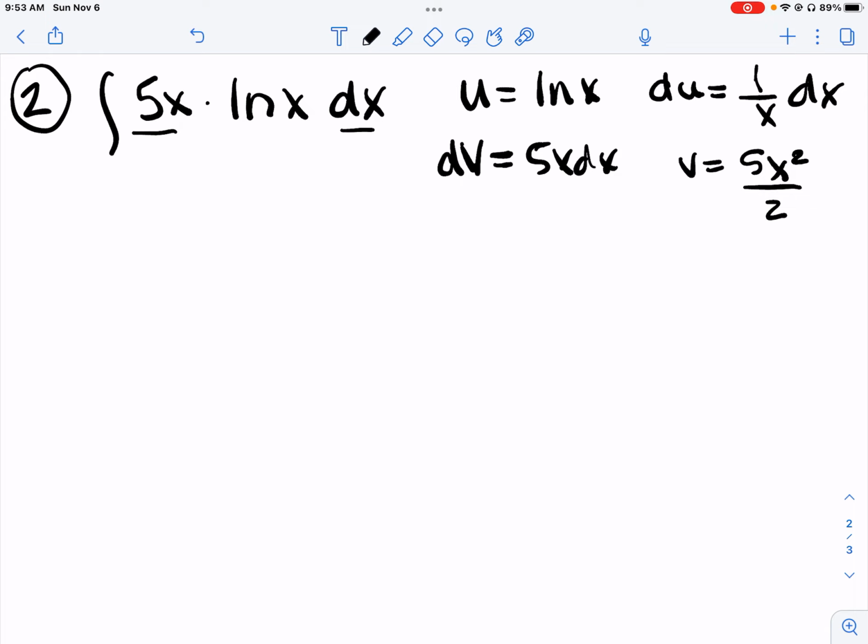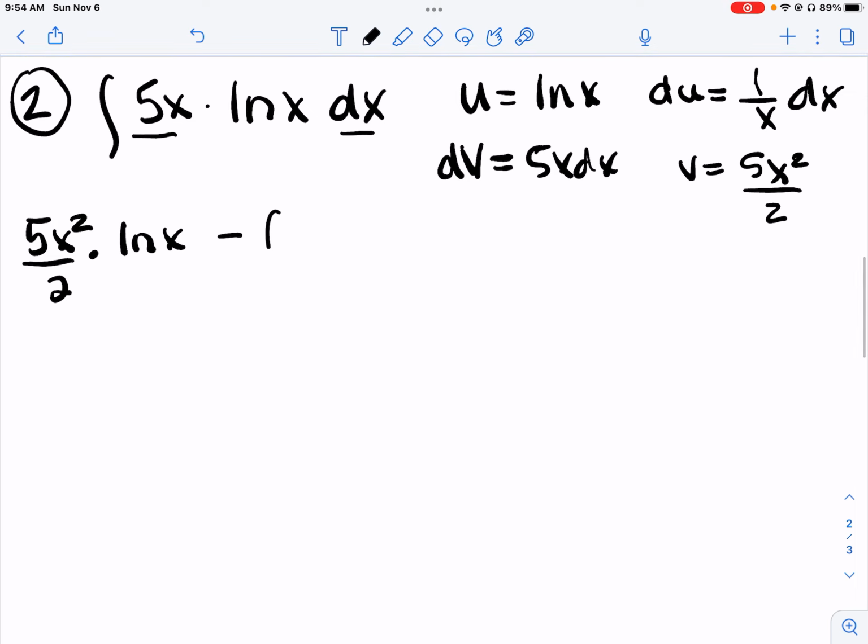Okay, now we do u times v minus the integral of v times du.